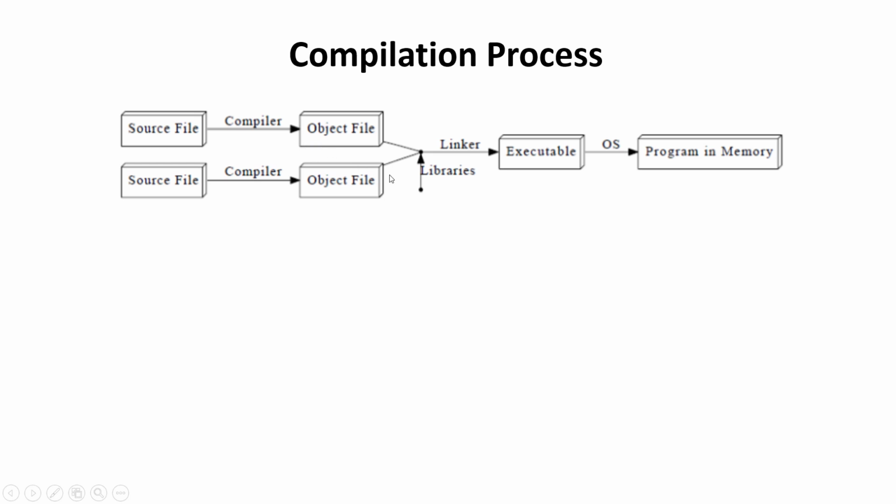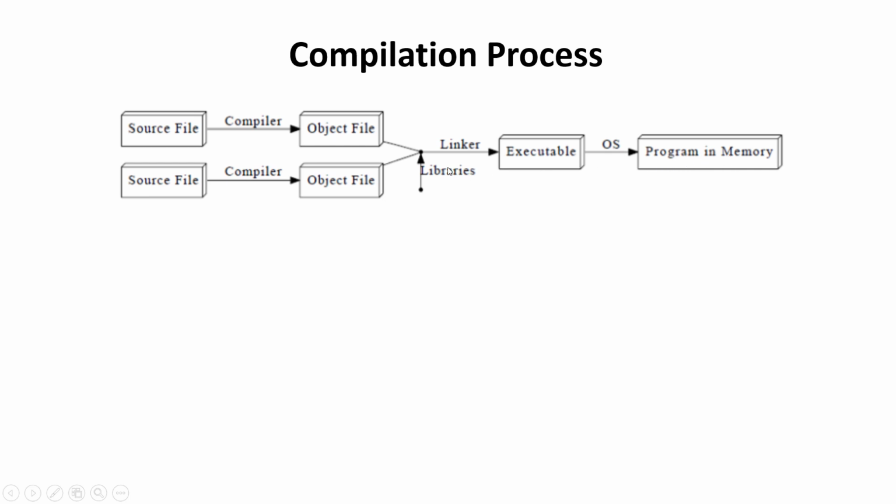Then when we run the program, the linker links some libraries that you added in the program and converts it into an executable or .exe file that shows the results. After that your whole program is saved in the main memory.